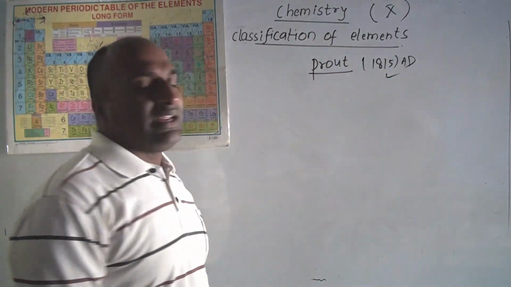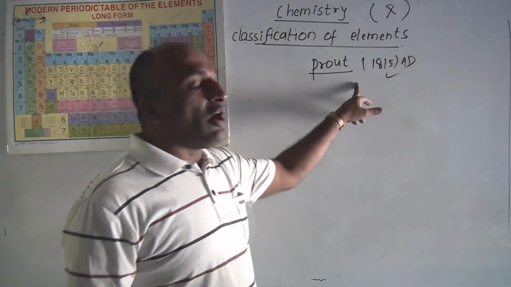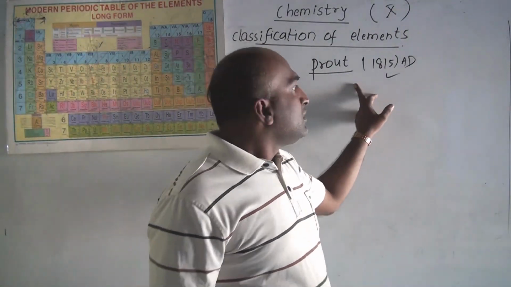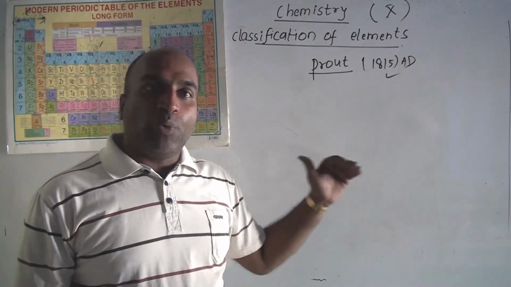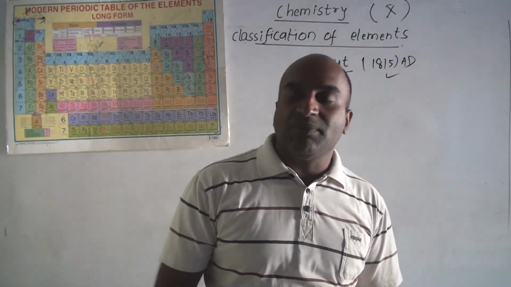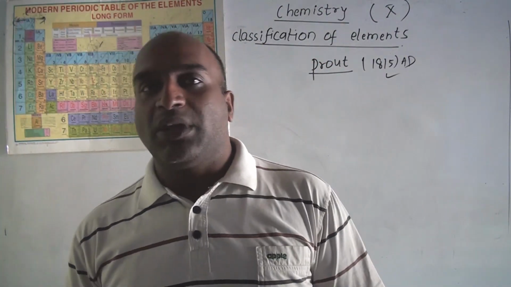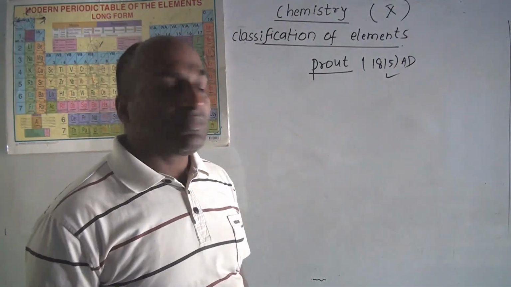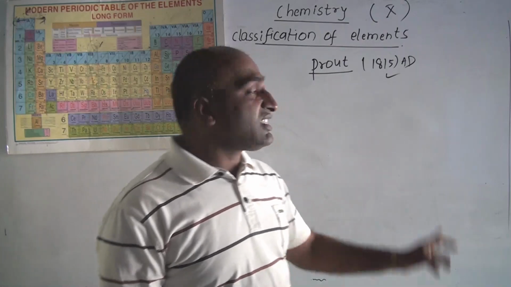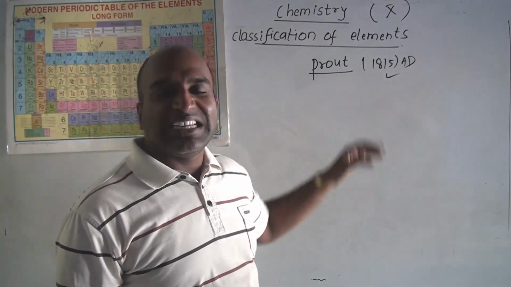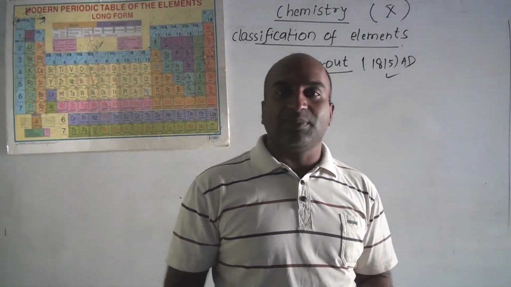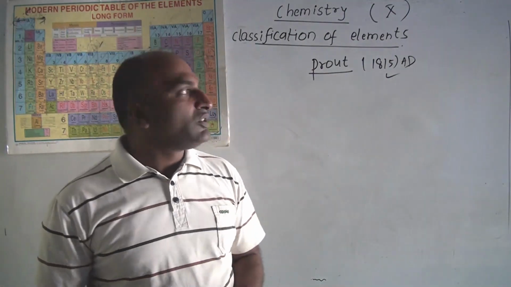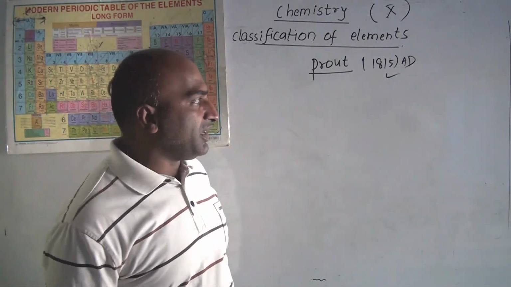According to Prout, the atomic weights of the elements are simple multiples of the atomic weight of hydrogen. But this concept given by Prout was proved wrong, because all the elements do not show such a property.